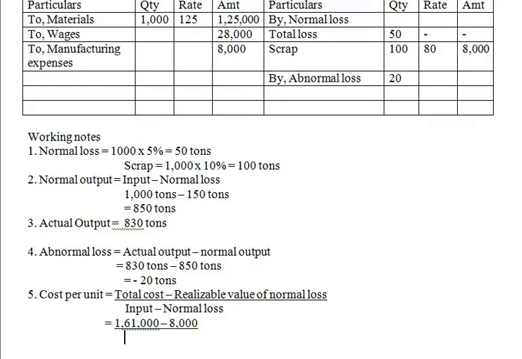Input is 1,000 units minus normal loss 150 tons. So that will be equal to rupees 180. Now here rate is 180. So 180 into 20 is 3,600. Now you can close the account.